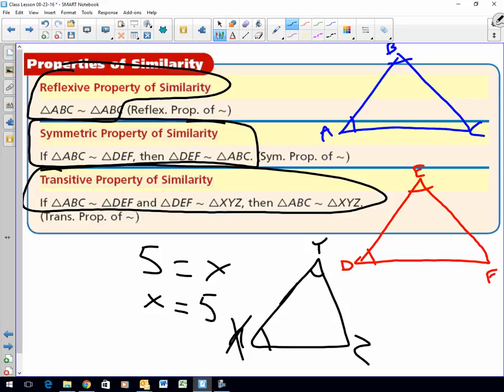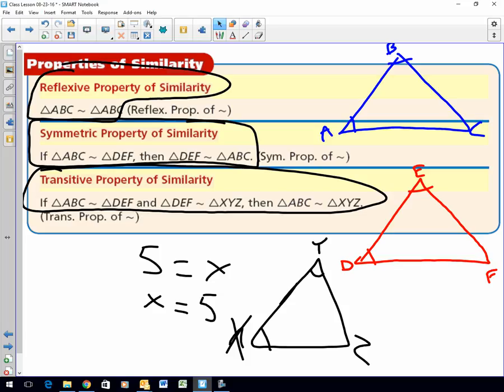See the circle there? That's the transitive property. Keep in mind, if A is congruent to D and D is congruent to X, then X is congruent to A.